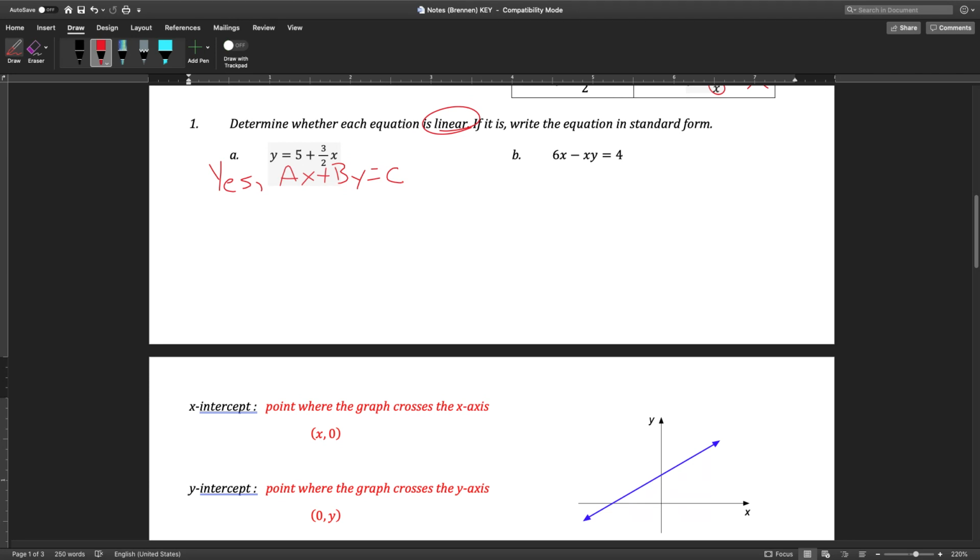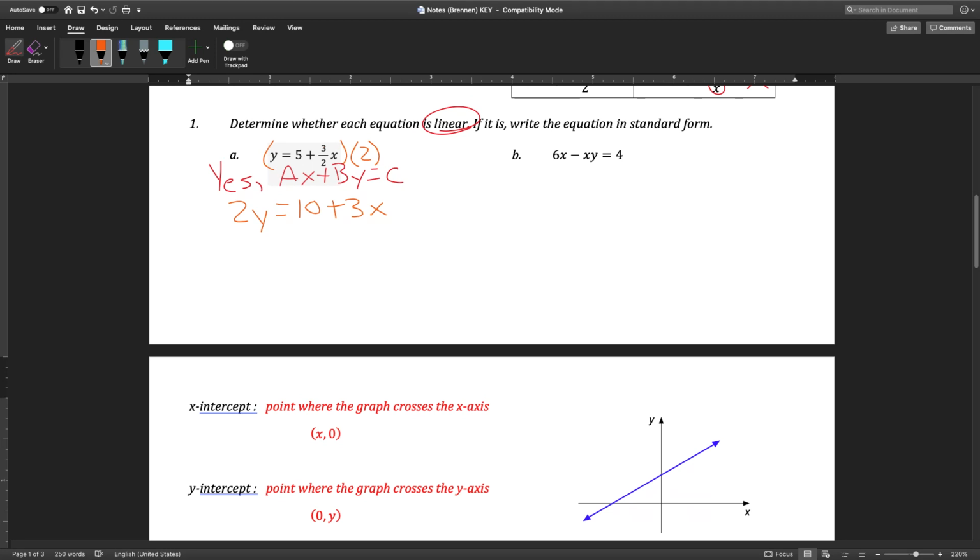To get rid of my fraction, I'm going to multiply the entire equation by the denominator, which is 2. 2 times y gives me 2y is equal to 2 times 5 gives me 10. 2 times 3 is 6, divided by 2 is 3, so I get plus 3x.